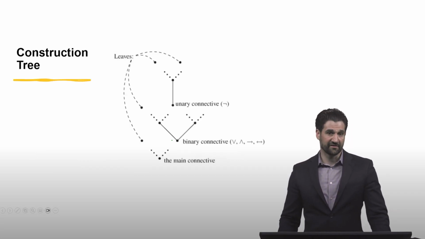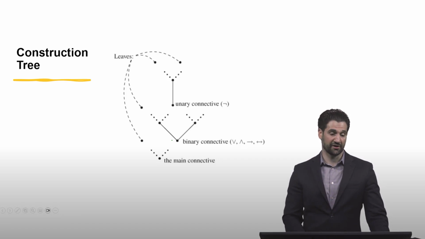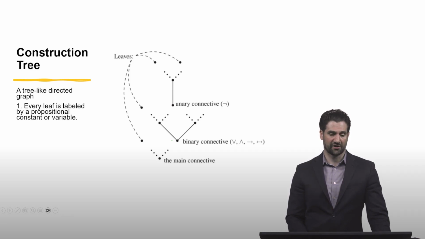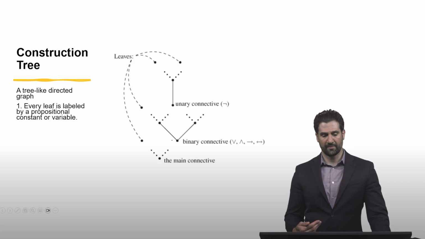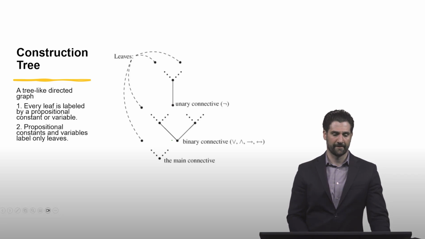So we can look at the evaluation of a logical formula using what's called a construction tree. This is a tree-like directed graph structure, and it is created as follows: every leaf node is labeled by a propositional constant or variable. Propositional constants and variables label only the leaves.